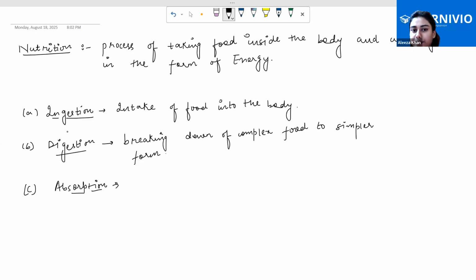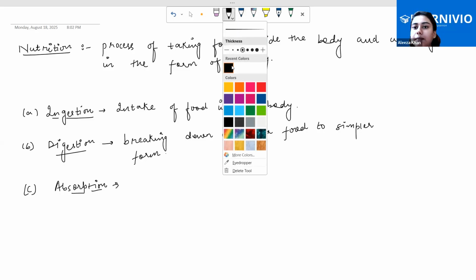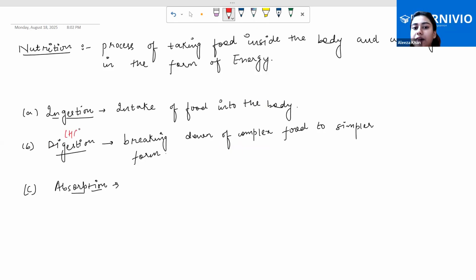Ma'am, stomach it takes place. I know it takes place inside the stomach, but the stomach must be containing a component which is responsible for digesting it. You remember that your stomach has HCl, hydrochloric acid, right? Yes, hydrochloric acid you have inside your stomach, which is responsible for digesting it.